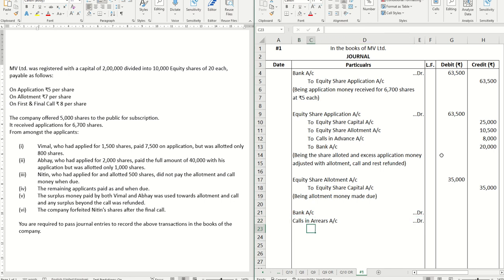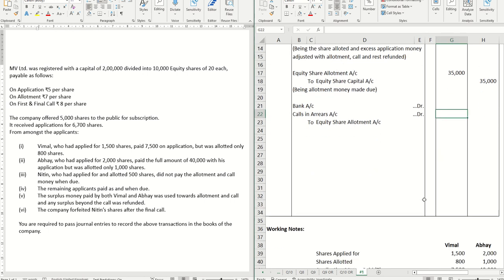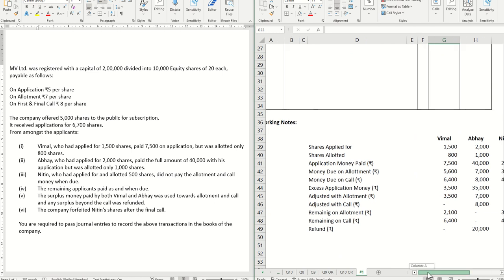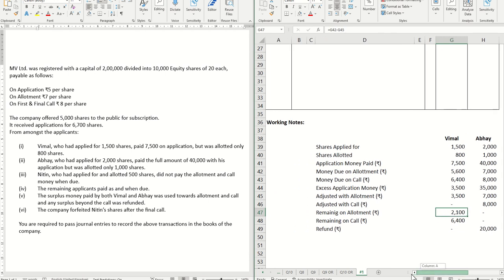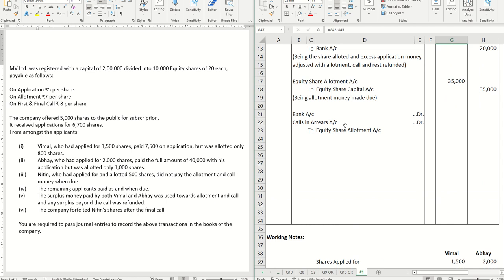Then we will have to equity share allotment account. Right. Let's write the amount for calls in arrear as we have calculated at the bottom. For Nitin, the amount remaining on allotment for him is 3500. Vimal has made the payment, so it will not come as calls in arrear. So 3500 is for Nitin.